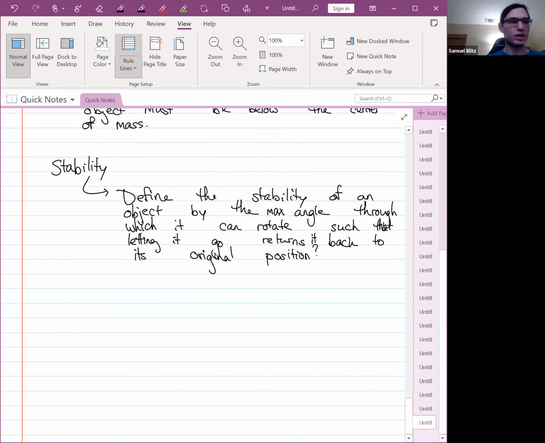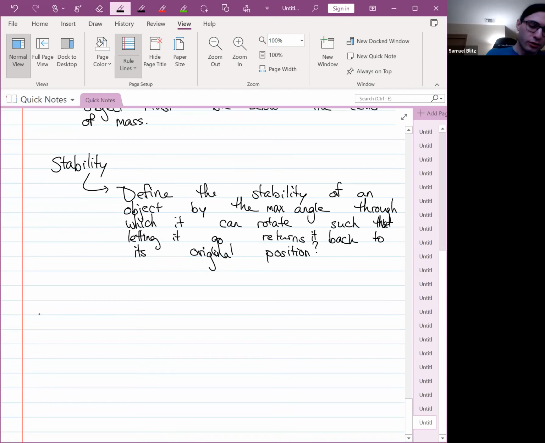Let me just draw a picture. It'll be a little bit more clear. So let's say we have one triangle. If this is the ground, you have a triangle. Here's the center of mass, say. The normal force is going to point straight up.